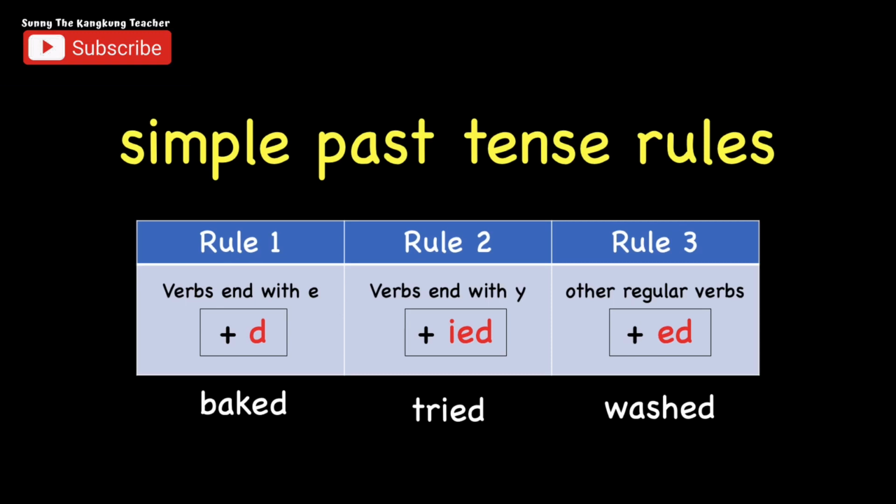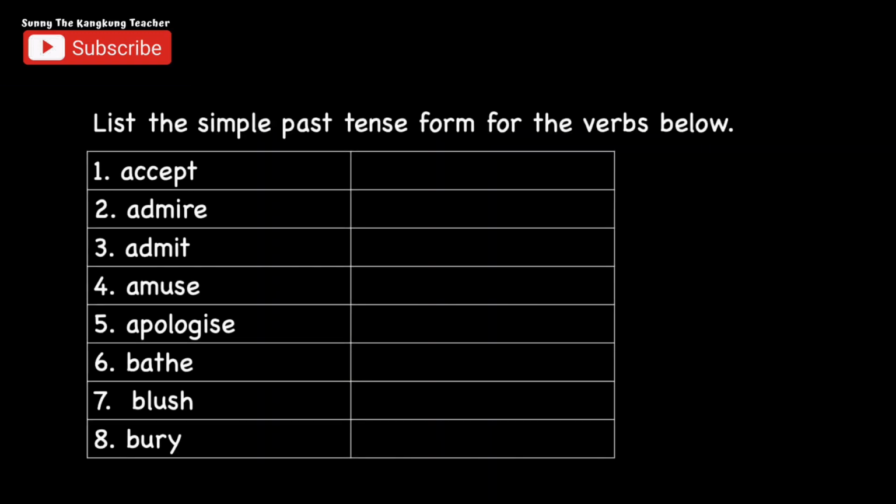Now, you are going to try some other examples. Are you ready? Let's go. I have given you here 8 verbs. You are going to list the simple past tense form for the verbs below. The first one we have accept. Second one we have admire.